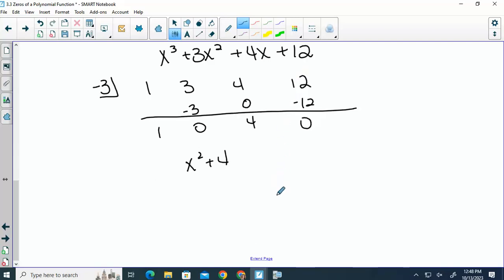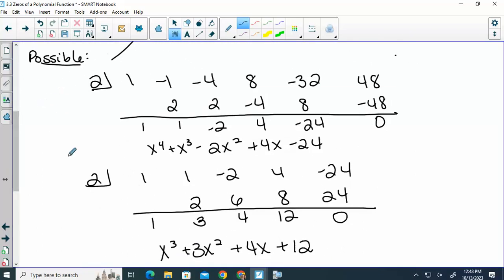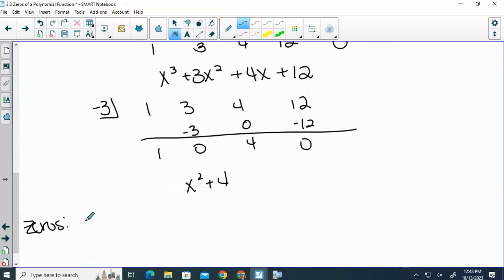Alright, so now if I ask you for the zeros, we have 2, that worked 2 times, so it's 2 squared. We say 2, multiplicity 2.